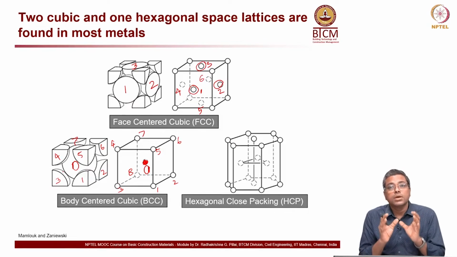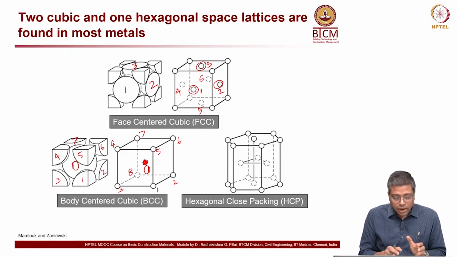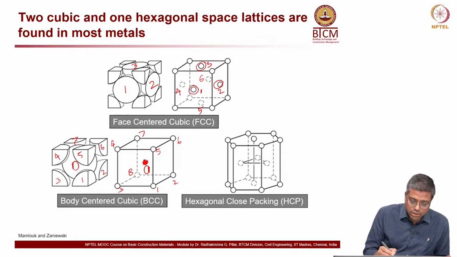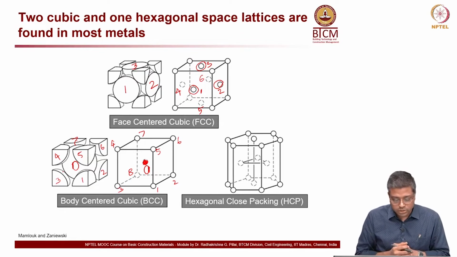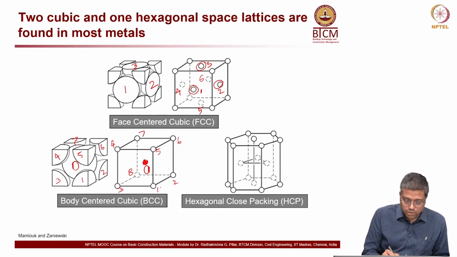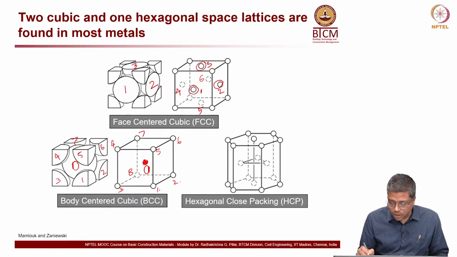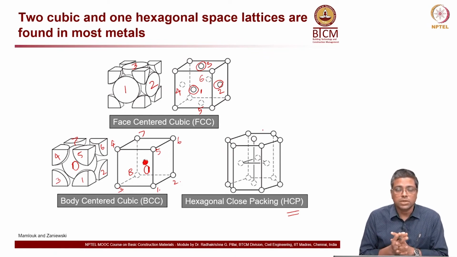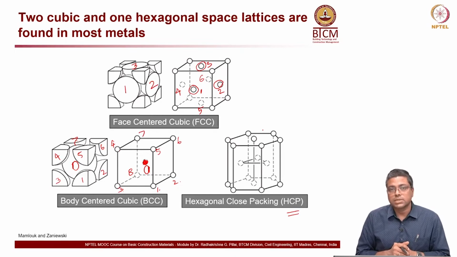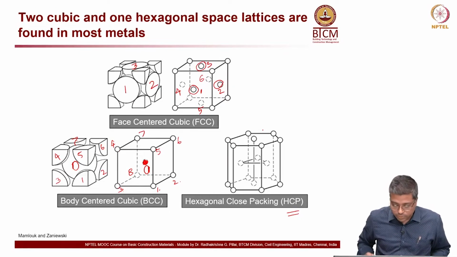The 0th one is at the center, and all others are in the corners. Okay. So, you can see that this 1, 2, 3, 4, 5, 6, 7 and 8. So, they are all not fully occupied by the same cube. Now, in case of HCP, again you have a similar type, but it is not in the shape of a cube, but you have the section is like a hexagon in nature.